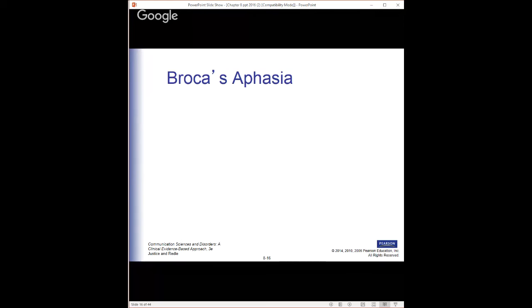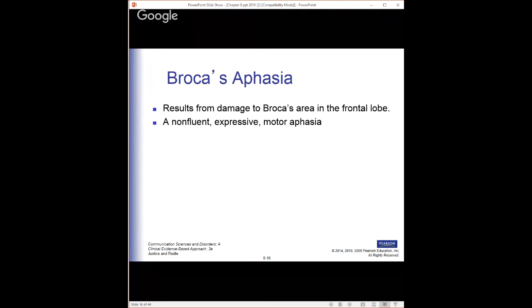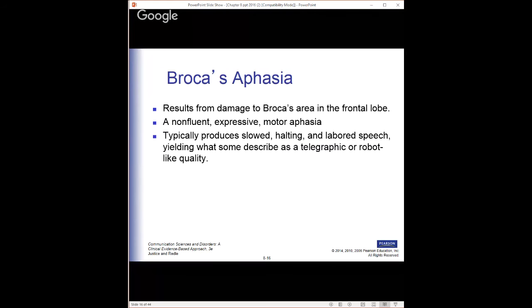First one we'll look at is Broca's aphasia. This is going to result from damage to Broca's area in the frontal lobe. It's a non-fluent expressive motor aphasia. Typically produces slow, halting, and labored speech, yielding what some describe as a telegraphic or robotic-like quality.